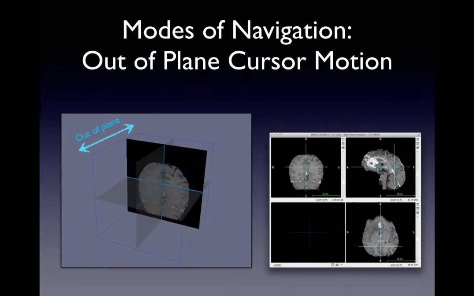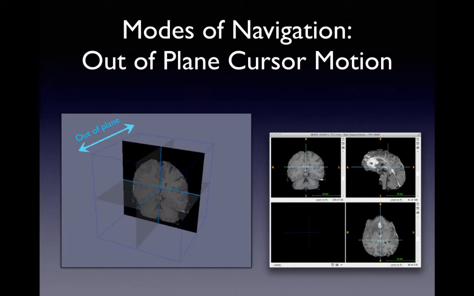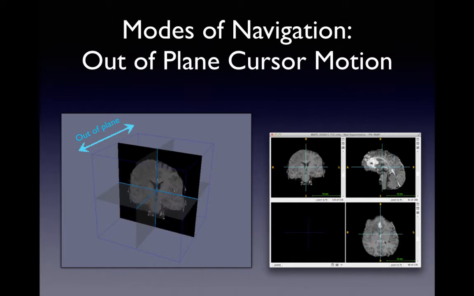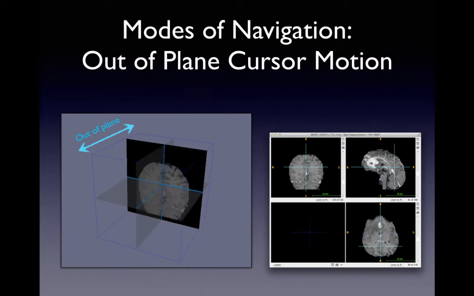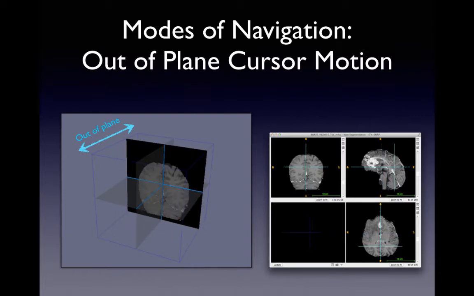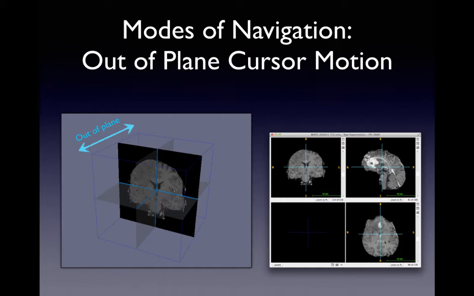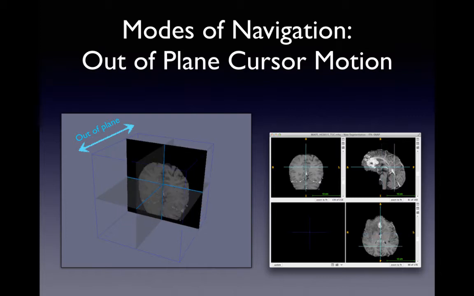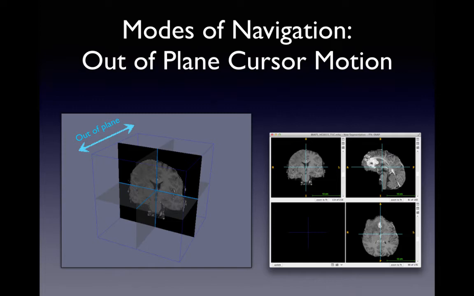In a three-dimensional space, you see the slice going back and forth. And what you can see here is that the image is changing. In these orthogonal views, you can see that the cursor is moving. So in order to perform this kind of out-of-slice navigation, you can change this slider over here, or you can change the cursor in the other two planes, and you will also get the same kind of motion.